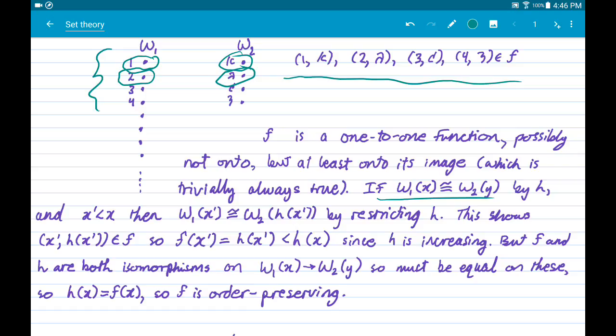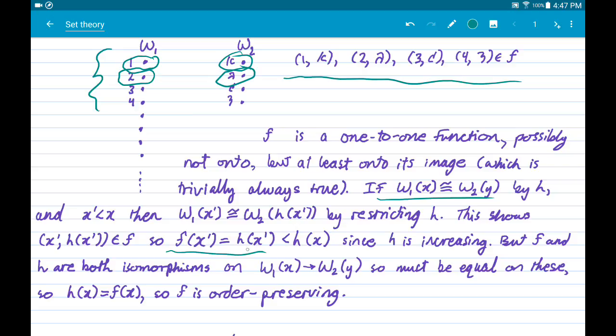Because after all, we know there is an isomorphism given by the initial segments, so that implies that the pair of values is in the function. That's how the function is defined. Now, otherwise said, f of x prime is h prime.